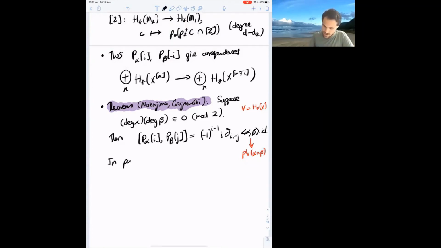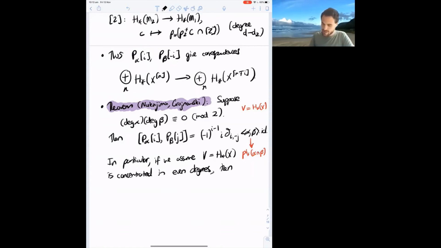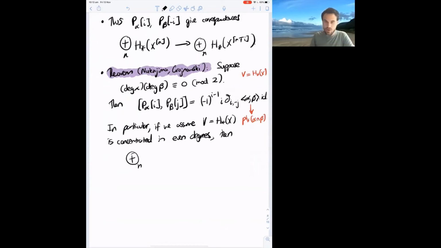In particular, if we assume, as another assumption on X, that this is concentrated in even degrees, then this big direct sum, where P alpha and P beta are operating, is a rep of the Heisenberg associated to our V, and we can also identify what the highest weight vector is.